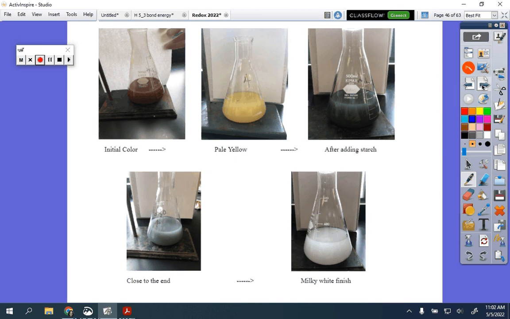So the changing state of the iodine made it able to complex with the starch to make that blue color. And then as the titration continued, it started getting clearer and clearer until we ended up with a clear white solution. All right, so that's an example of the color changes that you would see.